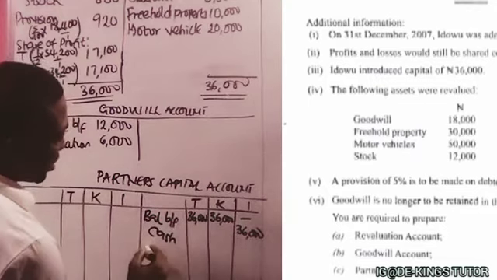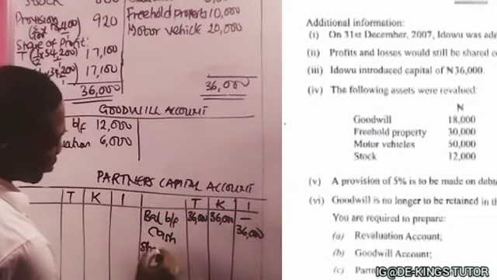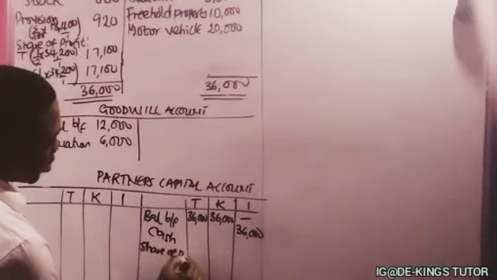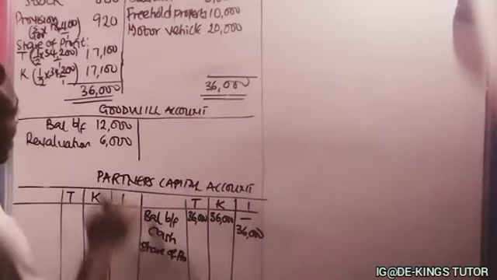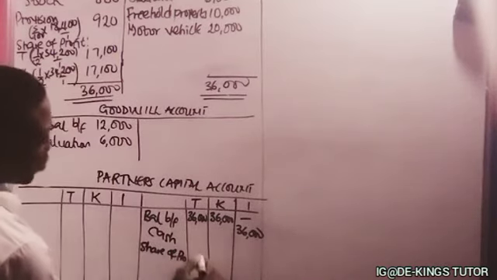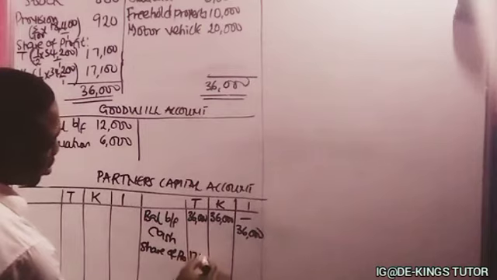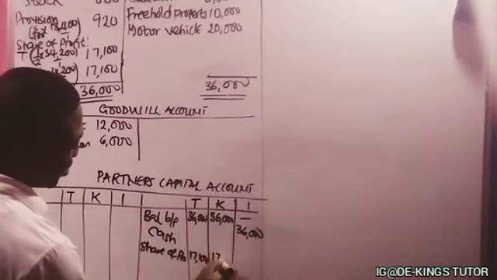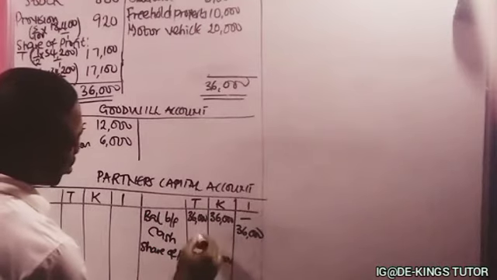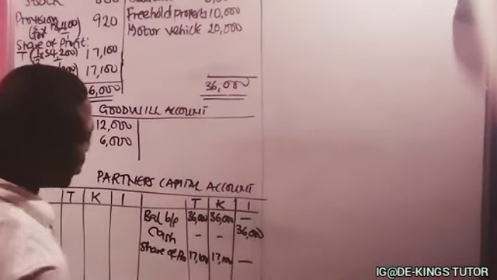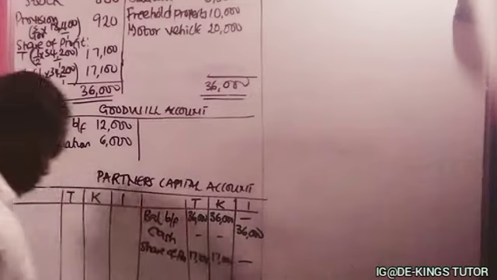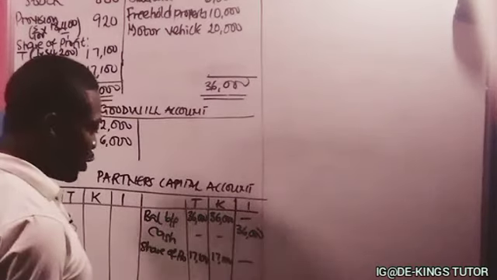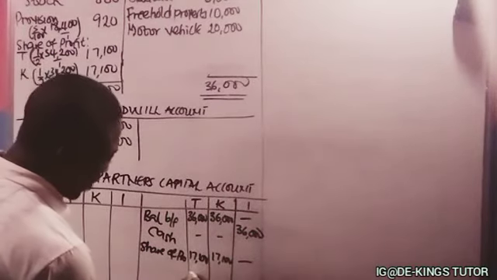Now the next one is the share of profit. The share of profit for Taiwo is 17,100. For Kehinde it is 17,100. So Idowu had nothing. Okay, so that is for the share of profit.